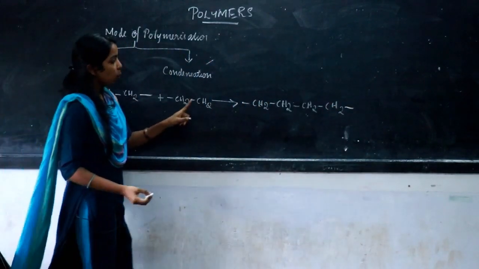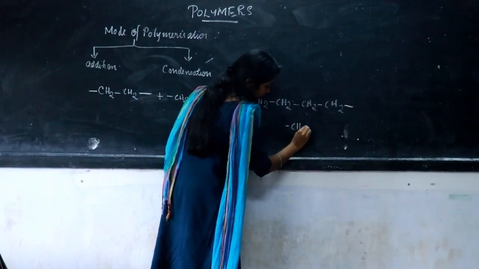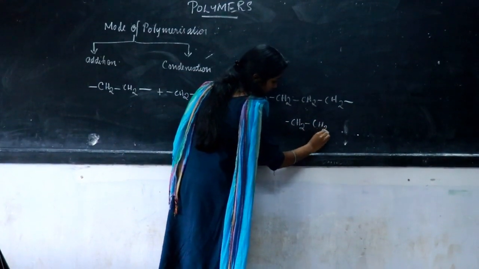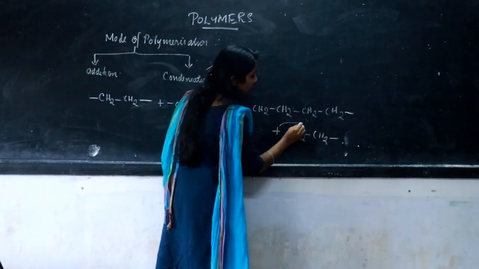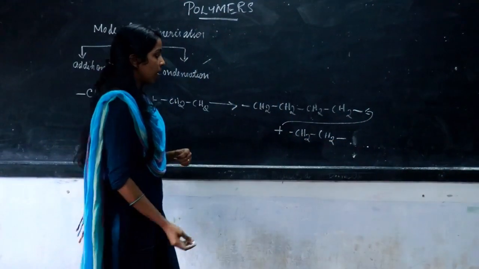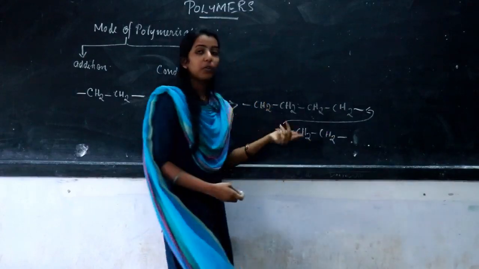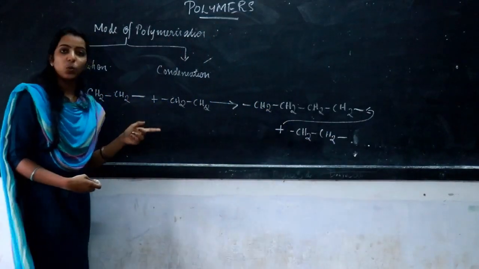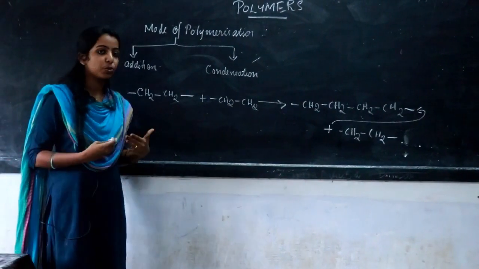If you add one more monomer, it joins at the end of this earlier formed polymer. So the chain continues. If you add another monomer, it also joins at the end of the earlier formed polymer. That is what is called addition polymerization. The chain rapidly continues growing.